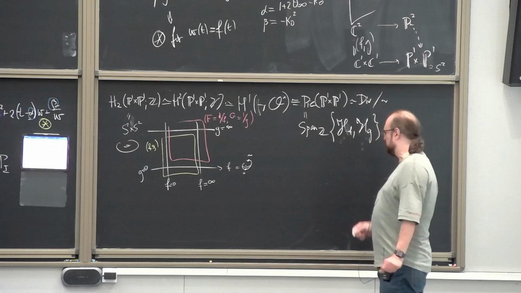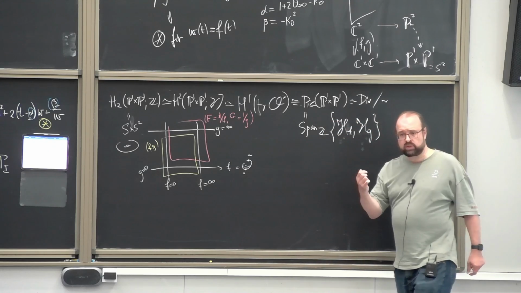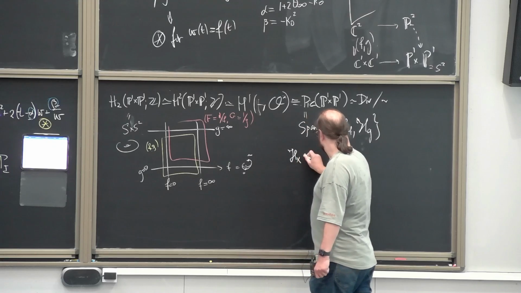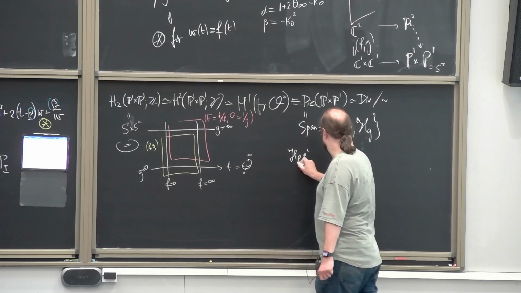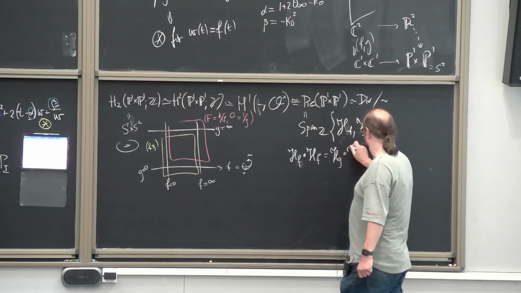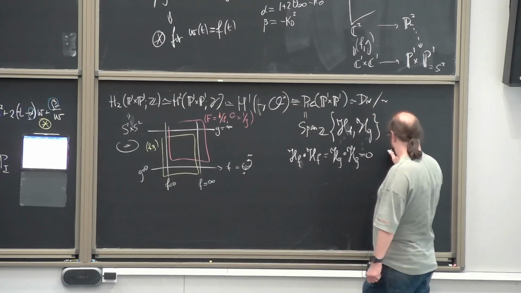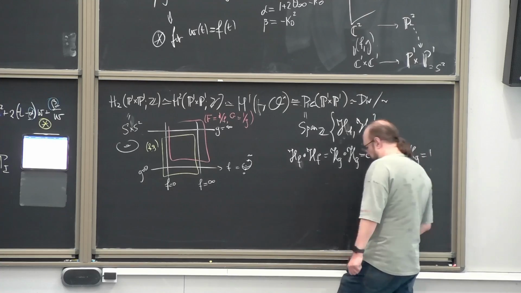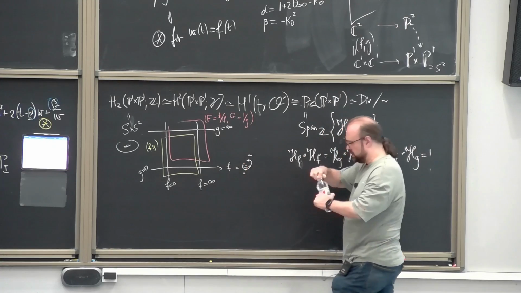We have this group. This group comes equipped with something called the intersection product. So Hf dot Hf is Hg dot Hg is 0, and Hf dot Hg is 1.